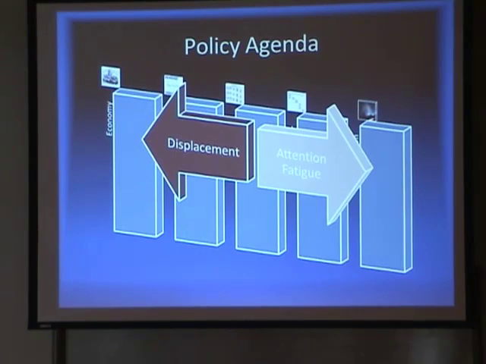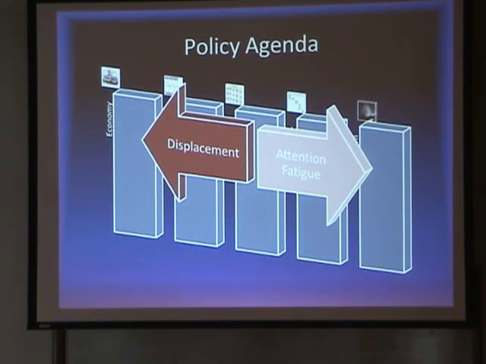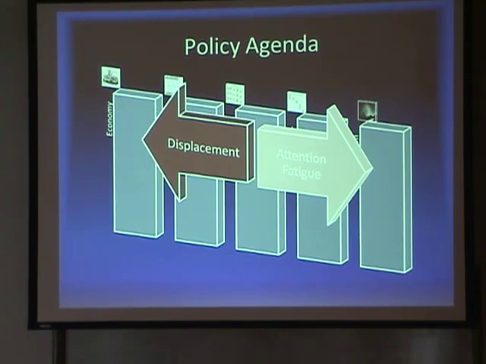Now, the problem is that not only do academics know that, but operatives know that. If I'm a political strategist, I know full well that that's the way this works. And if I want something off the agenda, one of the things I want to do is to force something else on it. And that's a standard thing that you see.